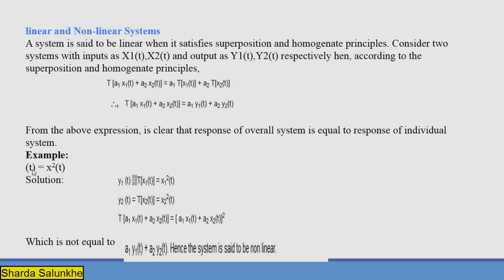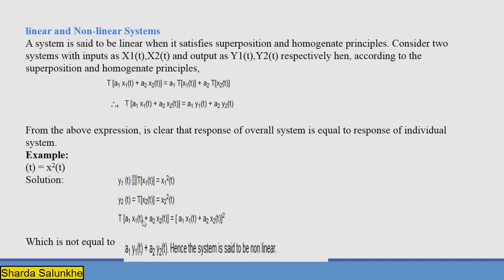Take one example, that is y of t is equal to x square of t. So y1 of t will become the transformation of x1 of t, that is equal to x1 square of t, right? So the input is x1 square of t, and y2 will become the transformation of x2 of t, that is equal to x2 square of t.